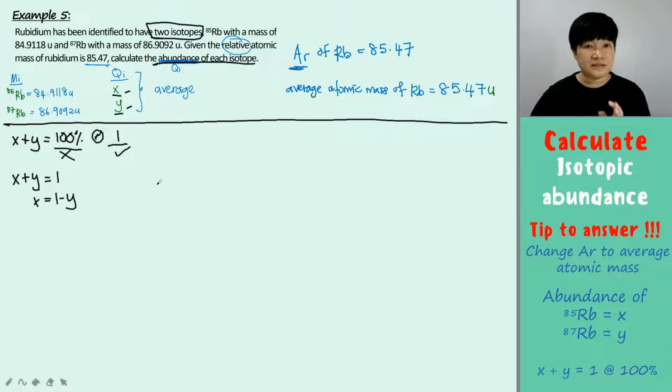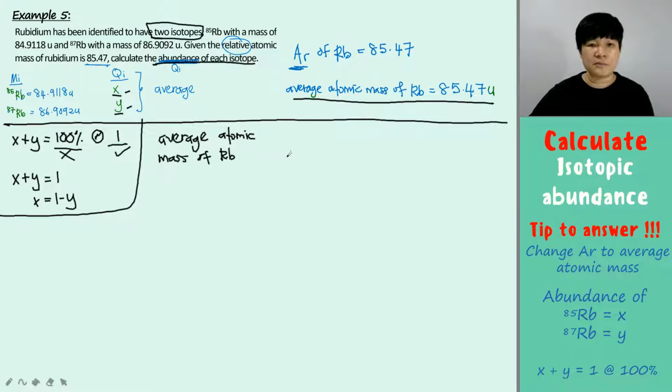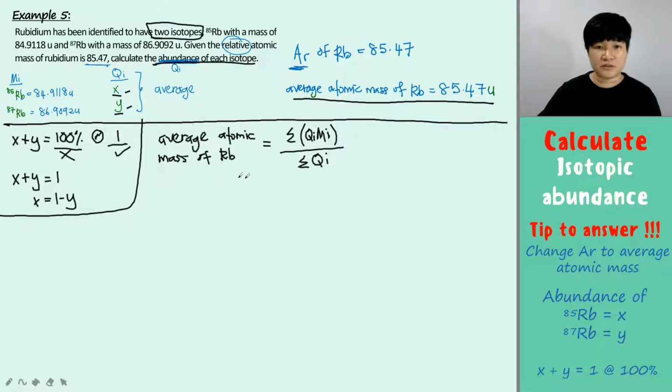We will keep this aside first. We will be using this later on. Okay? Now, let's use the average atomic mass that you calculated just now to calculate the QI. So we start off again with the formula. The average atomic mass of rubidium will be equal to, so this is the formula of average atomic mass of rubidium.